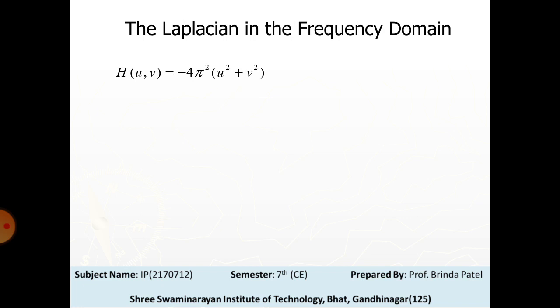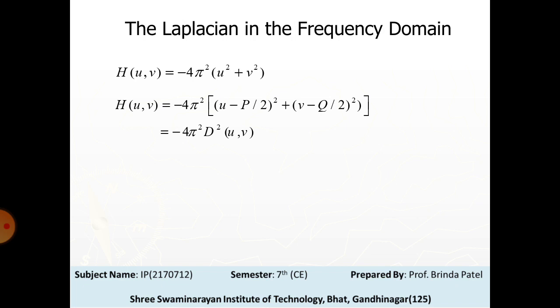It can be shown that the Laplacian can be implemented in the frequency domain using the filter H(u,v) = -4π²(u²+v²). With respect to the center of the frequency rectangle, the filter is H(u,v) = -4π²[(u-P/2)²+(v-Q/2)²] = -4π²D²(u,v), where D(u,v) is the distance function.